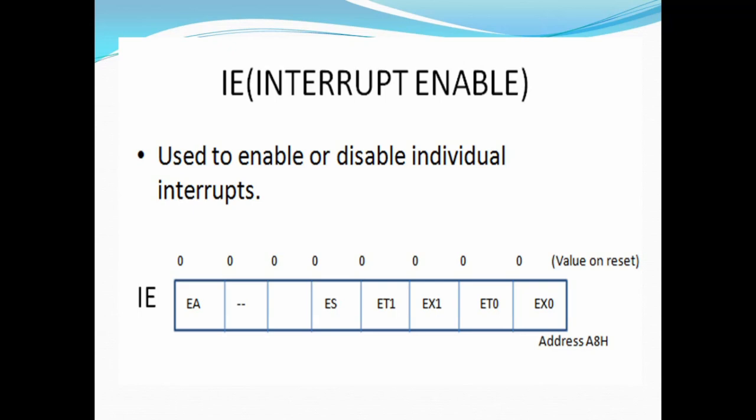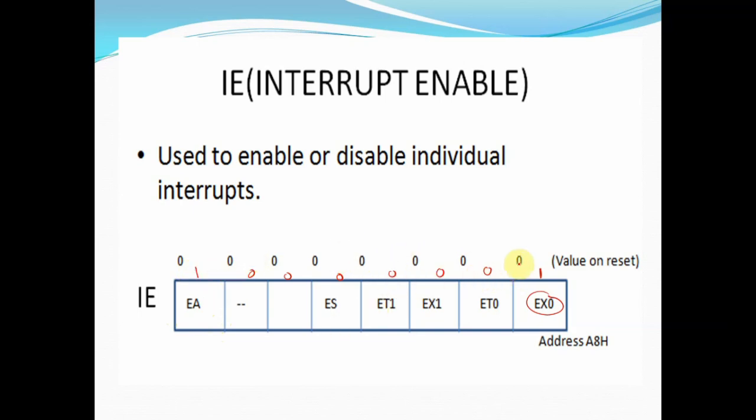For external interrupt 0, you have the pin EX0, and to enable this particular interrupt you make this bit equal to 1 and keep all other bits 0. But the EA bit, which is the enable all bit, you also have to make 1 for enabling or disabling the individual interrupt.